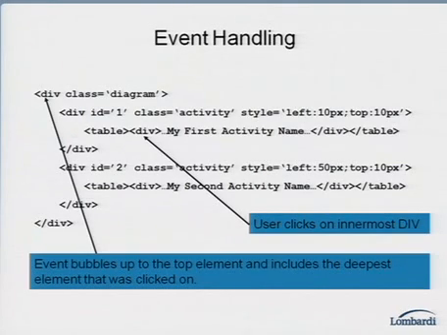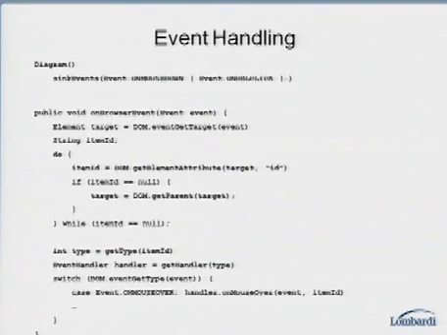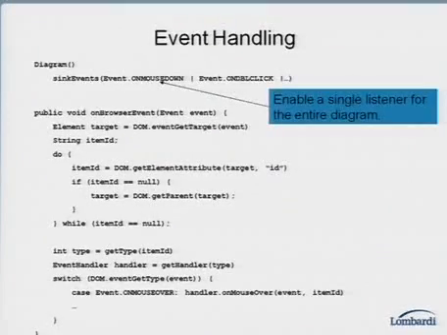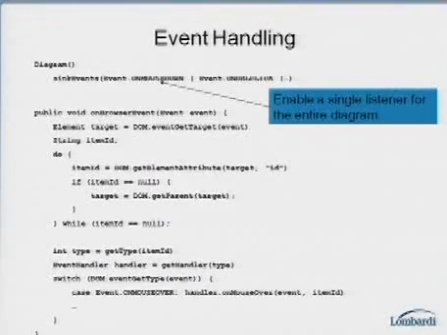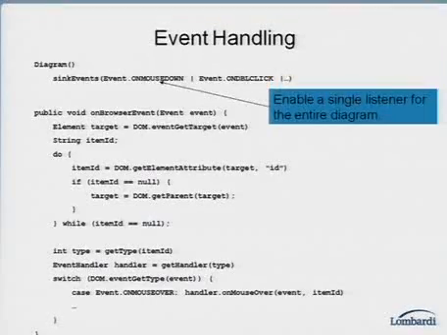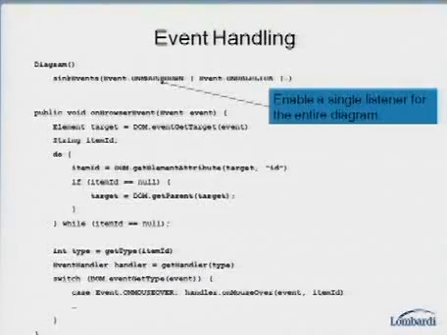And what we're going to do is put an event listener up there in that top level item. So here we have basically our only widget in the diagram. This is going to be a diagram widget. This command up here attaches that listener to that top level element. This is the only place that we're going to set up a listener for that entire diagram. By doing this, we've enabled the events for that diagram.